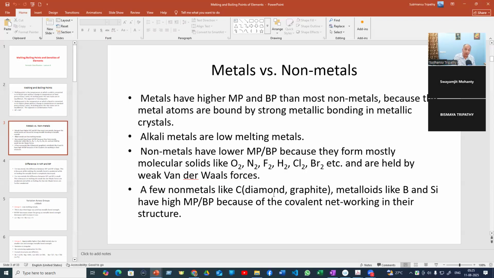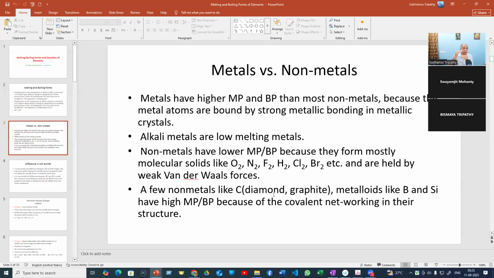So to break down infinite number of bonds in a diamond crystal is a stupendous task. And therefore its melting point is around 3500, which is the highest among elements. I'm not talking about compounds. There are many transition metal compounds which have still greater melting point than diamond, but I'm talking of elements.